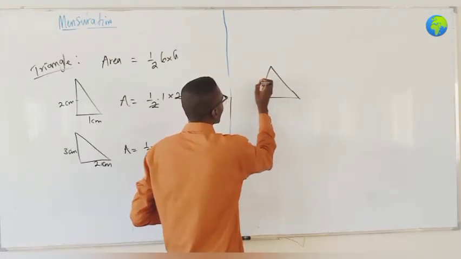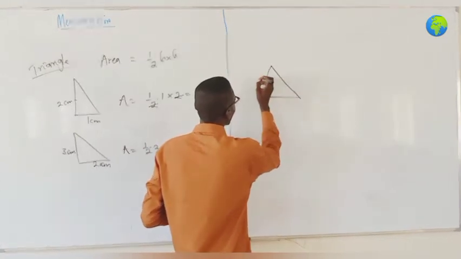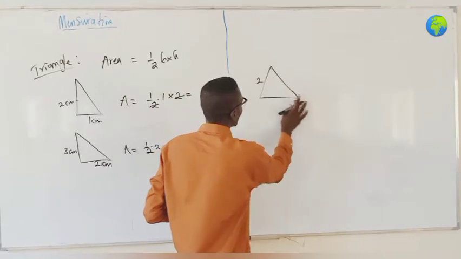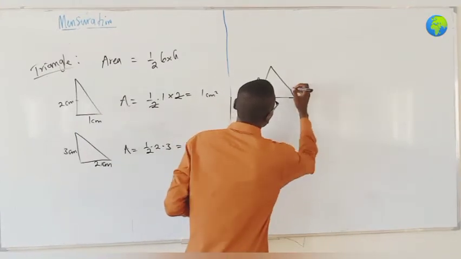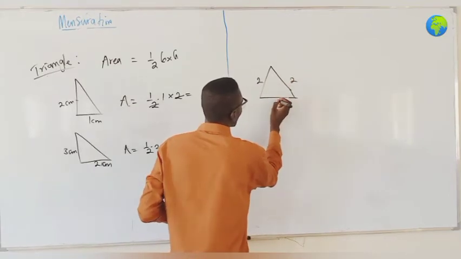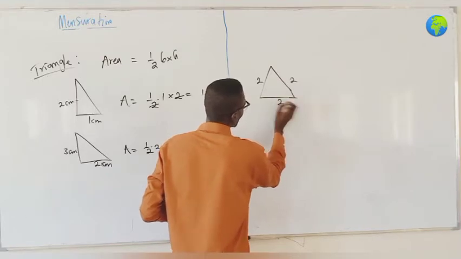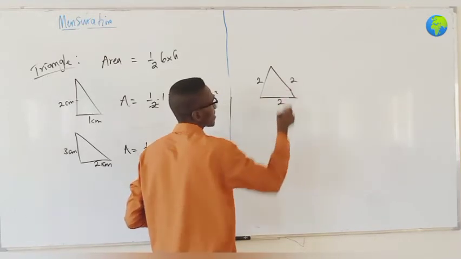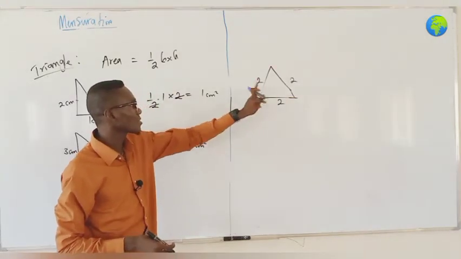Let's say this side is 2, and this side is the same. Pardon me, I don't know how to draw very well. This is 2, 2. Then let's call the base 2 as well. This is an equilateral triangle, because 2, 2, 2.